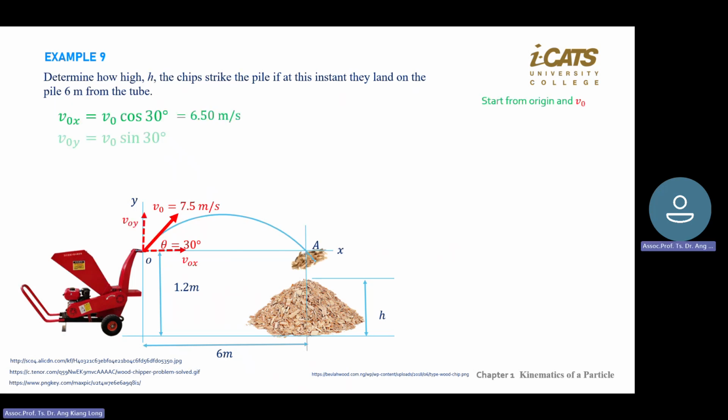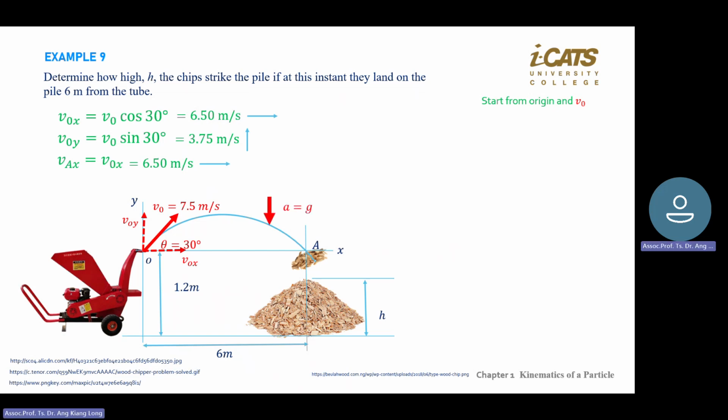So this one I go a bit fast. From the first equation in horizontal axis motion, I know AOX equal to 6.5 from this trigonometry equation, and the direction is going to the right.